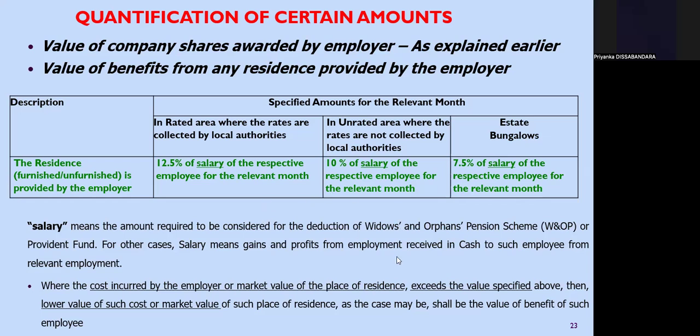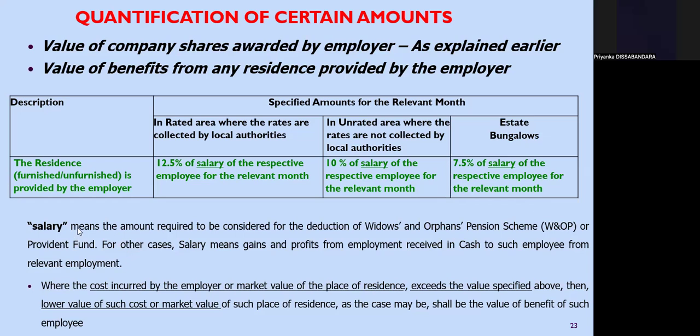That means the salary we consider for the deduction of WNOP or Provident Fund. For other cases, salary means gains and profits from employment received in cash by such employee from the relevant employment.